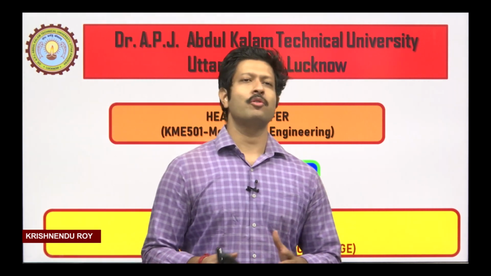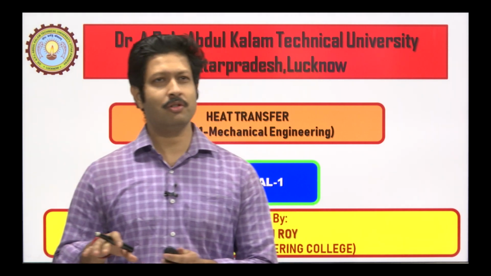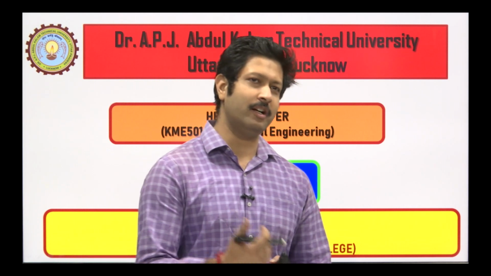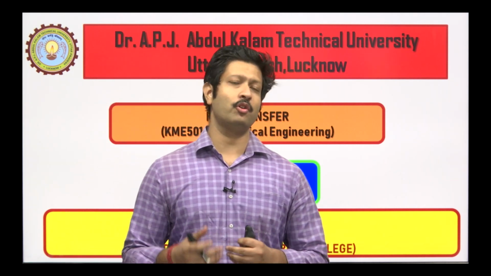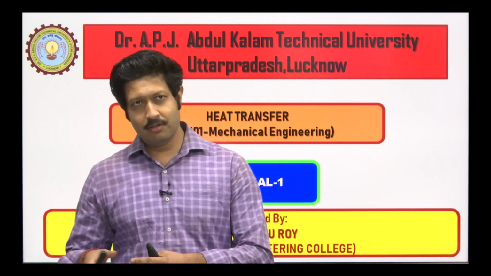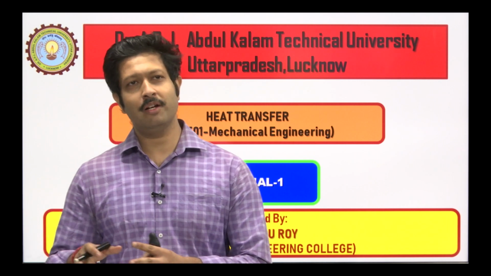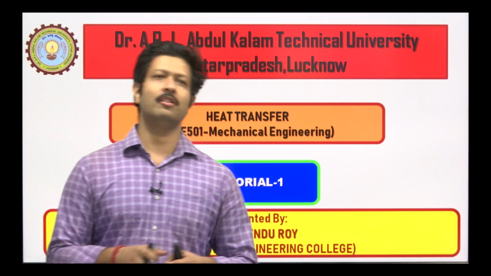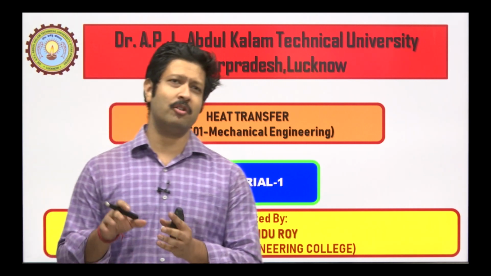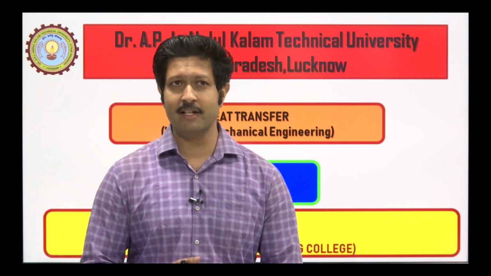If you have seen my previous video, it was all about tutorial. I've already covered the theory for unit 1 of your course, and I've already covered the tutorials for unit 1. In unit 1 we covered conduction, and a bit of convection, because convection is a separate unit in your course, so we'll be touching that as well.